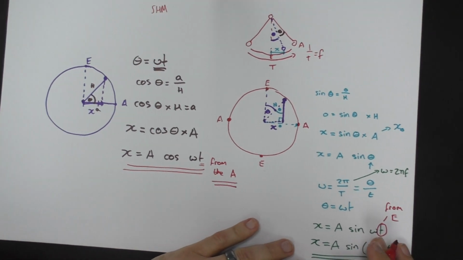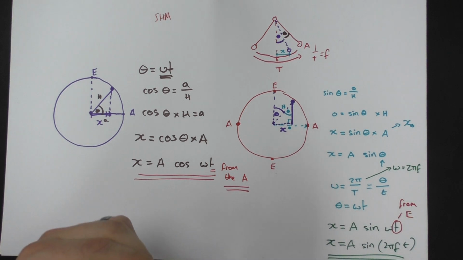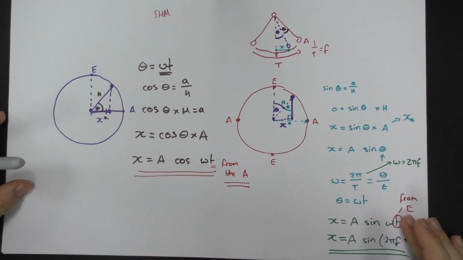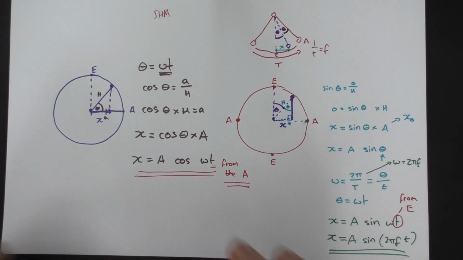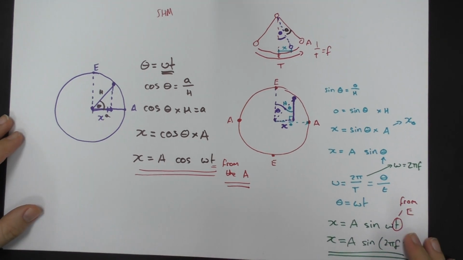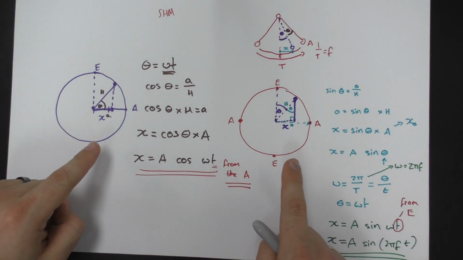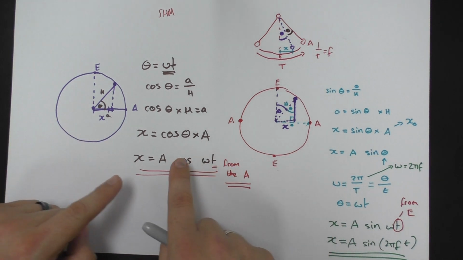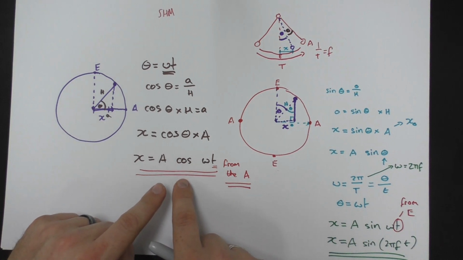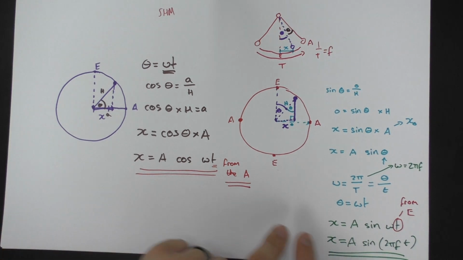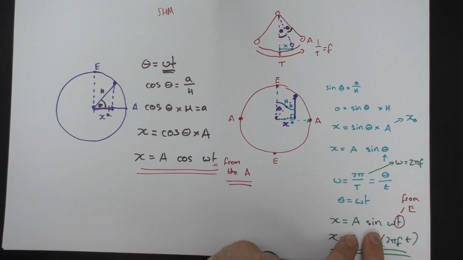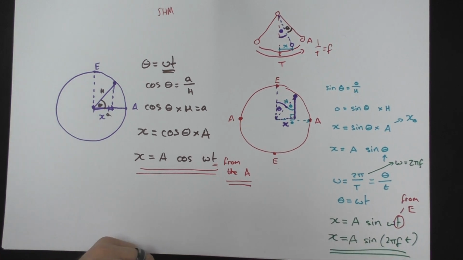So oftentimes you'll see questions that say, okay, you've got a pendulum swinging from the equilibrium or from the amplitude. You need to decide which equation you're going to use based on the scenario that you've been told about. So as long as you remember that this is the one from the amplitude and this is the one from the equilibrium, you won't go far wrong.